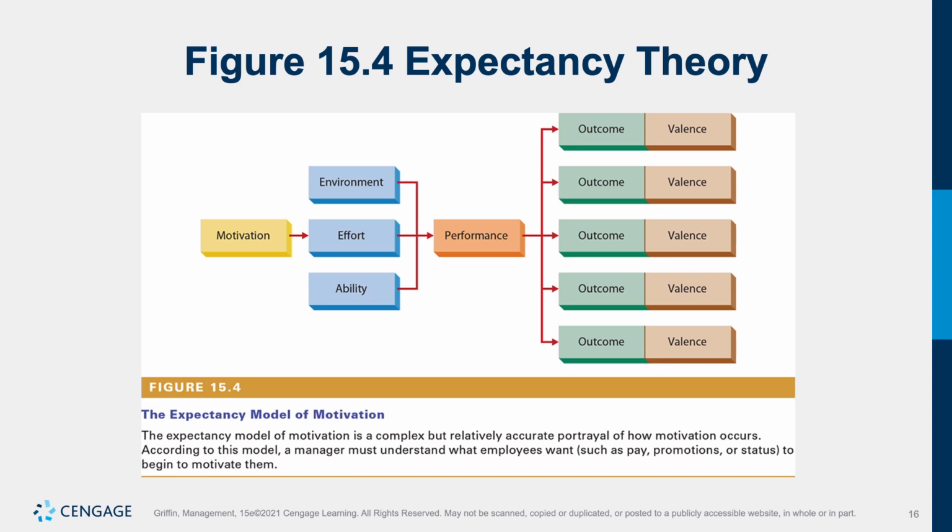The effort should be put in, and a conducive work environment should be provided, or the resources needed to get the job done should be provided to the employee for quality performance to be attained, right? And based off the performance, which is based on quality outcome, there is an associated value for every level of outcome, which is the valence, like we said earlier on.